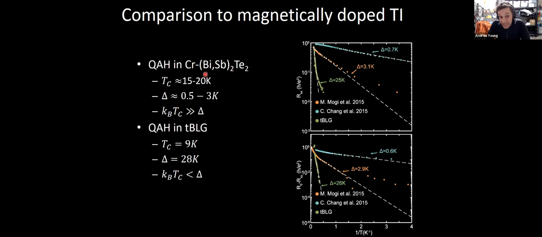The magnetism in that system is quite robust because it's the magnetism of these chromium or iron or other dopants that people have used. You get a Curie temperature of something like 15 or 20 Kelvin, but then an energy gap in the electronic system of only a couple of Kelvin. So in other words, the Curie temperature is really the stronger effect, and only a little bit of that gets into your electronic system, and disorder may limit that further.